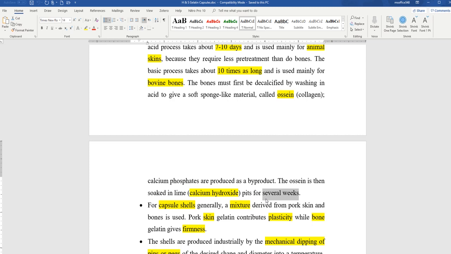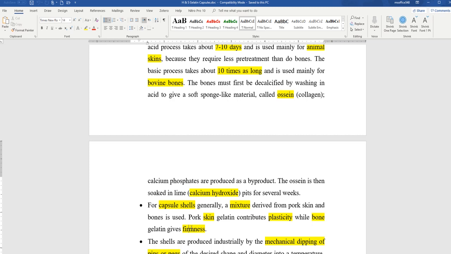Of course there are differences between gelatin A and B. I will not talk a lot about these differences, but the main thing for you to know is that capsule shells are made from a mixture of gelatin A and B. So the gelatin that we use for making capsule shells is actually a mixture of gelatin A and B. Gelatin A that comes from the skin, from the pork skin, pay attention, I'm talking about pork, is to give flexibility or plasticity to the capsule shells, while gelatin that comes from the bones is to give firmness to the capsule shells.